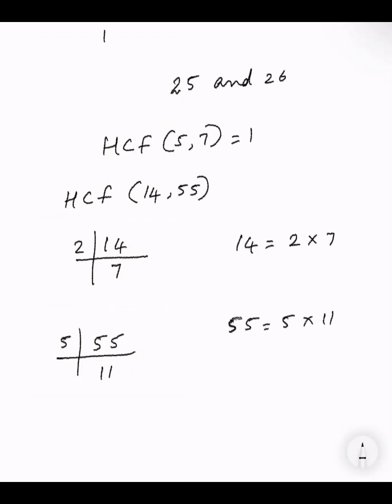In this case also, there are no common factors between 14 and 55. There is no 2 as a factor of 55, and 7 is also not a factor of 55. So the HCF of 14 and 55 is again 1, since there is no common factor other than 1. So 14 and 55 are coprime numbers.